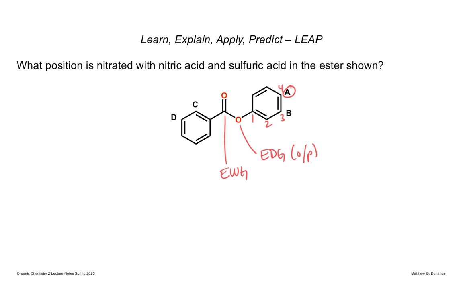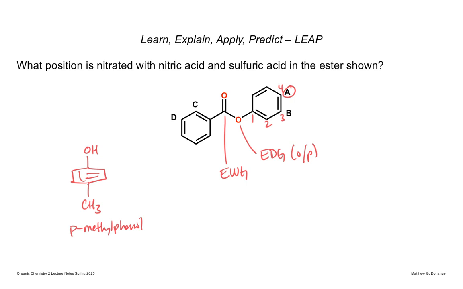For example, this would be para-methylphenol. And so the OH is donating through resonance, the methyl group is donating through induction. They're both blocking the other para position.